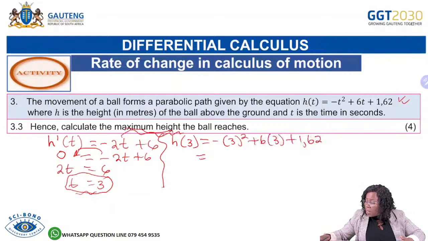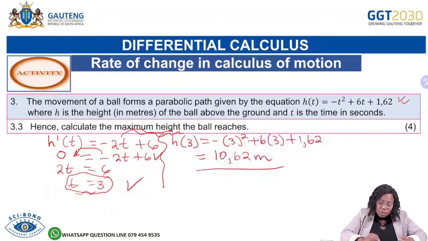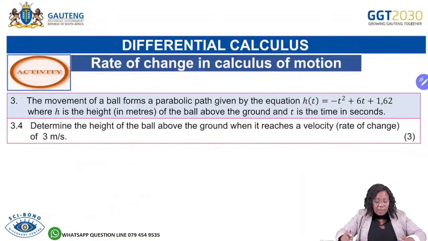This will be the maximum height the ball can reach, which gives us 10,62 meters. That is the height of the ball. So it's 2 marks for derivative equal to 0, finding your time, substituting the time, and finding the answer.